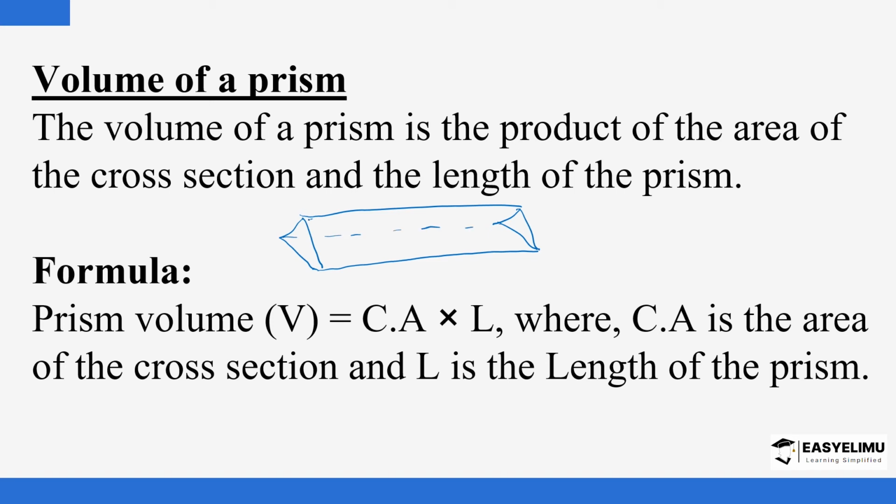So this is a uniform cross section that is triangular and is uniform all through to the end. This is what we call the length, and this is what we call the cross sectional area.